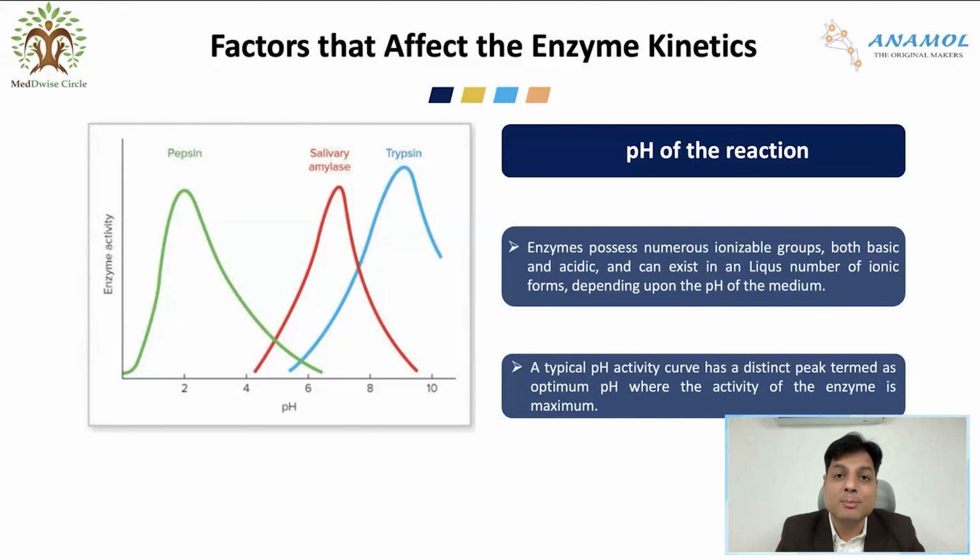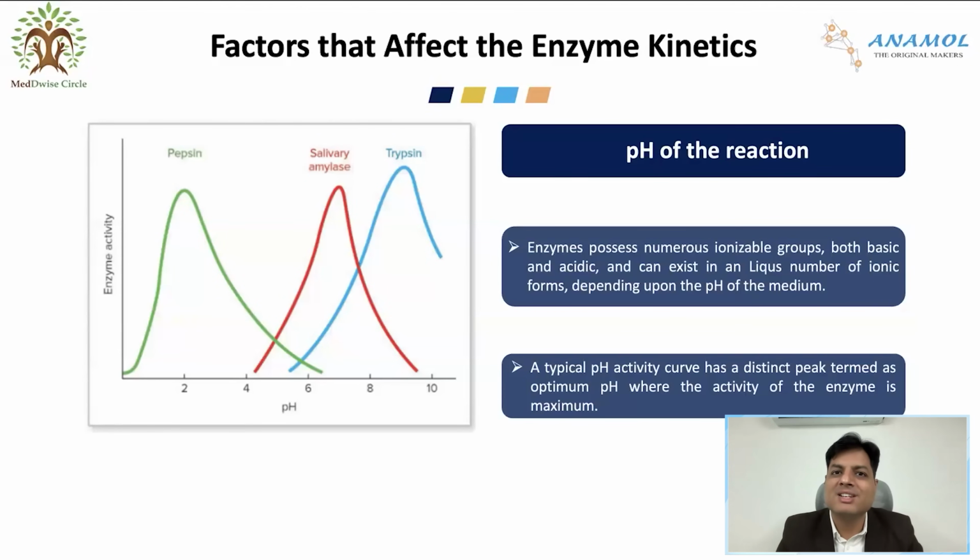So friends, why this is important to us is because in the reagent provided in the kit, the pH is already set to the optimum pH at which the enzyme will show maximum activity. But if these reagents are not handled properly in the pathology laboratory, then it may change the pH of the reagent.